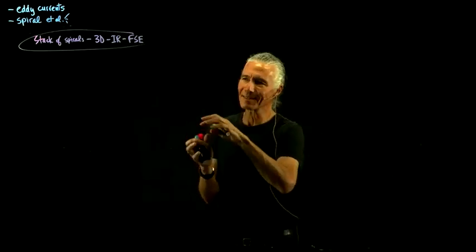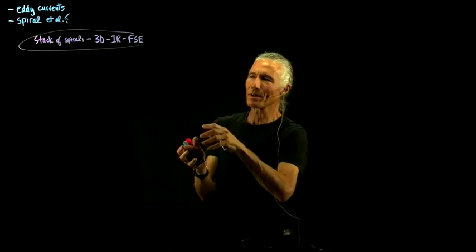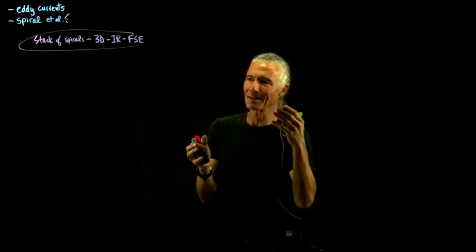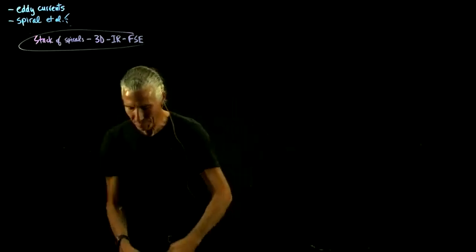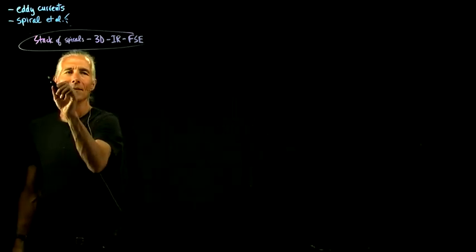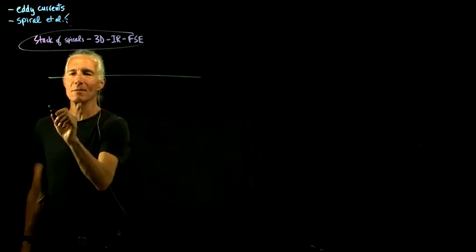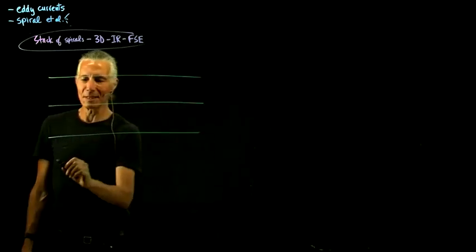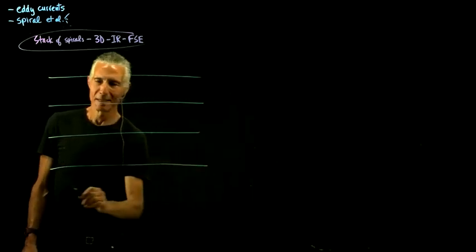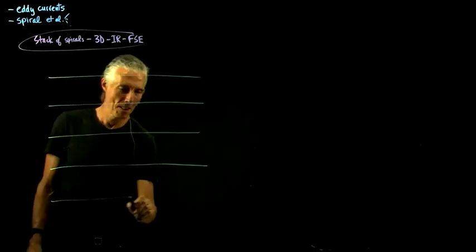You say, I've got this little module, or a weird way of doing something, and I'm going to tack that onto some other pulse sequence that I know about. So how does this work, and what's the use of it? You get incredible contrast.